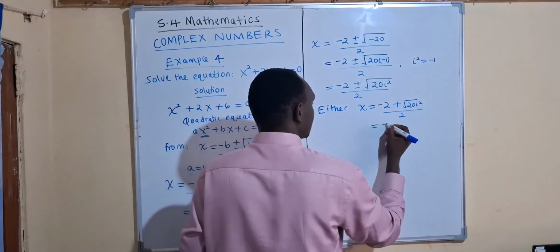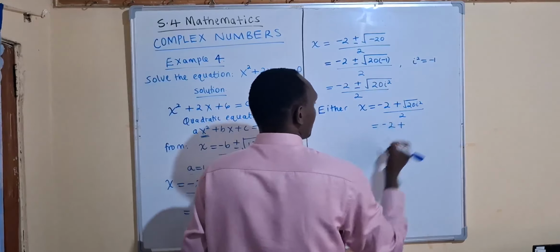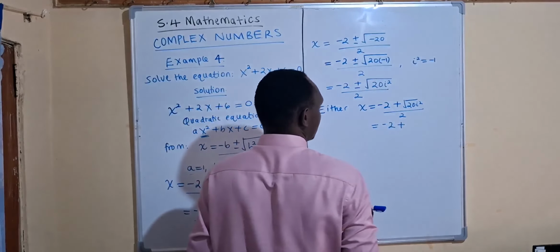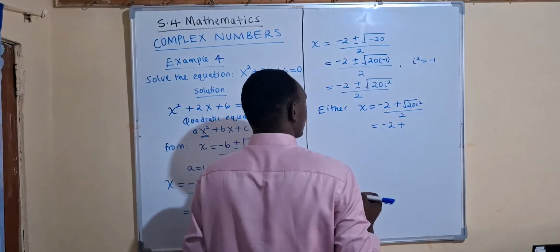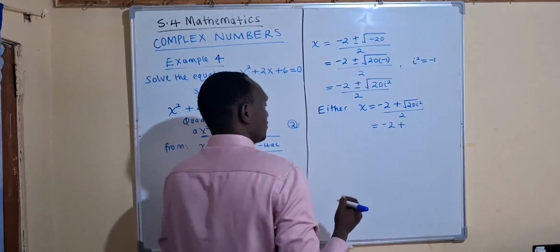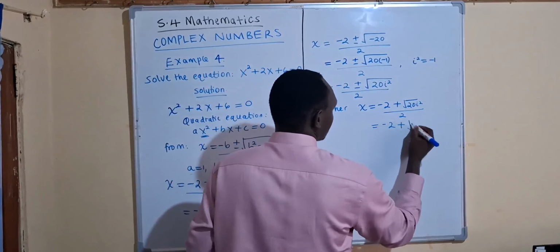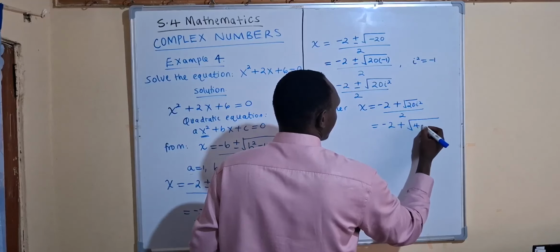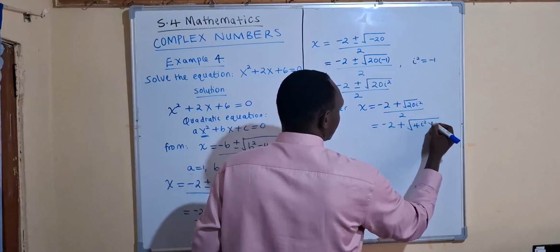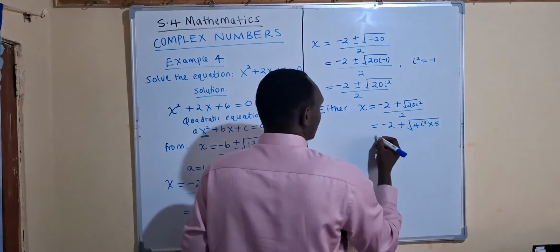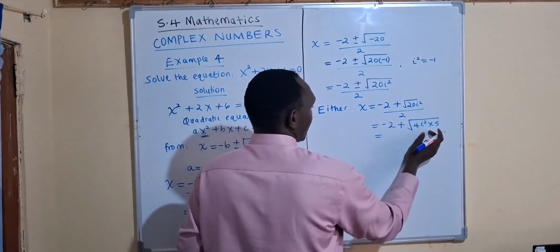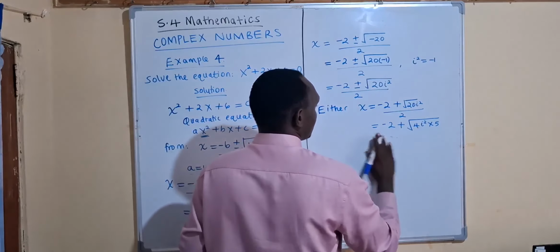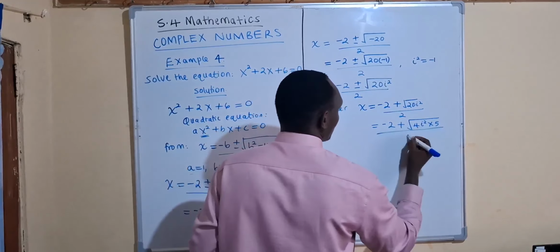This is the same as -2 plus, what is the root of i squared? It is i. What is the root of 20? Let me simplify it here: this is the same as the root of 4 i squared times 5. So if I simplify this, I will have -2 plus, still over 2.